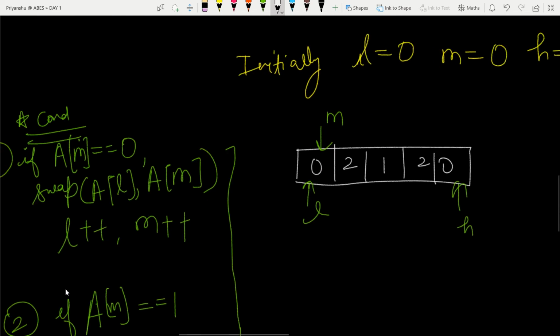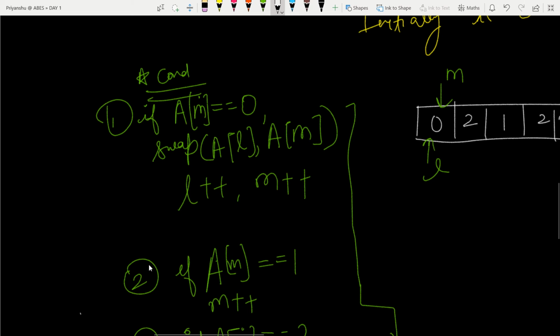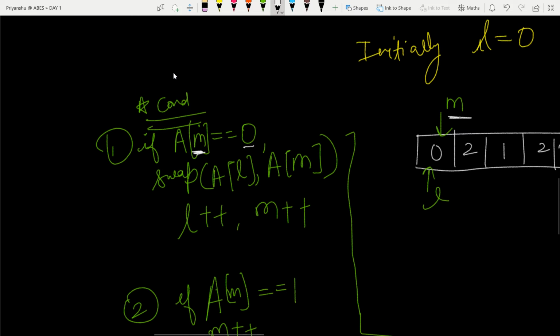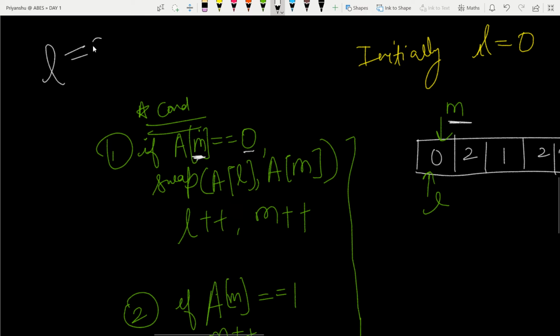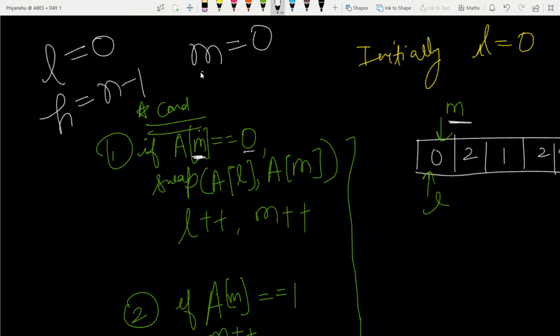What the algorithm states: the basic variables we are using are low, mid, and high, and mid is used to iterate over the array. Initially, low would be at 0, high would be at n minus 1, and mid would be at 0.